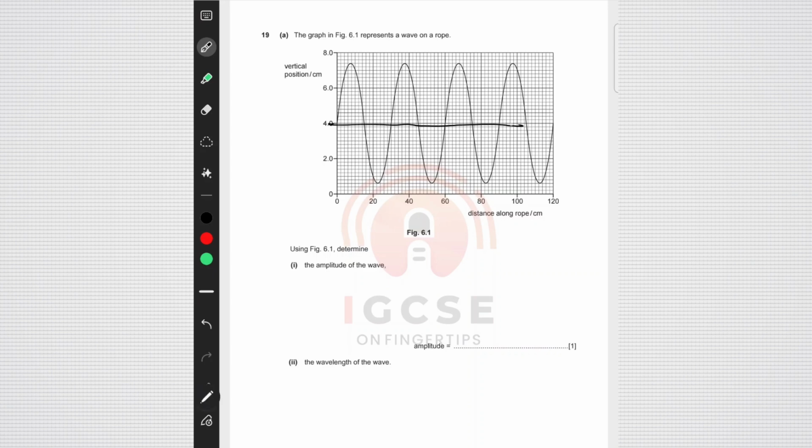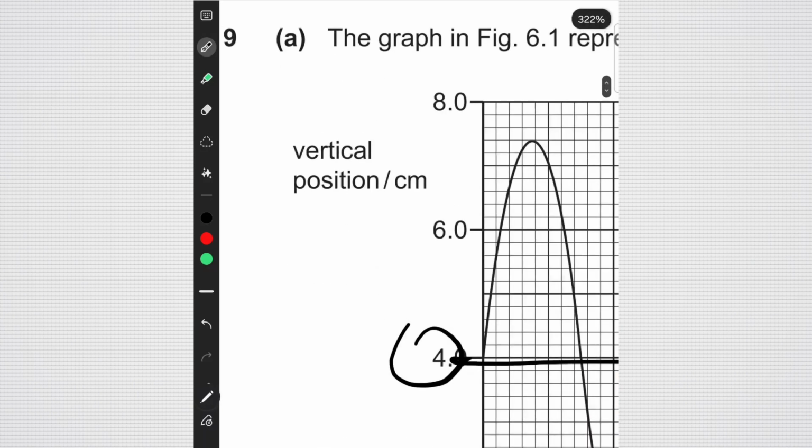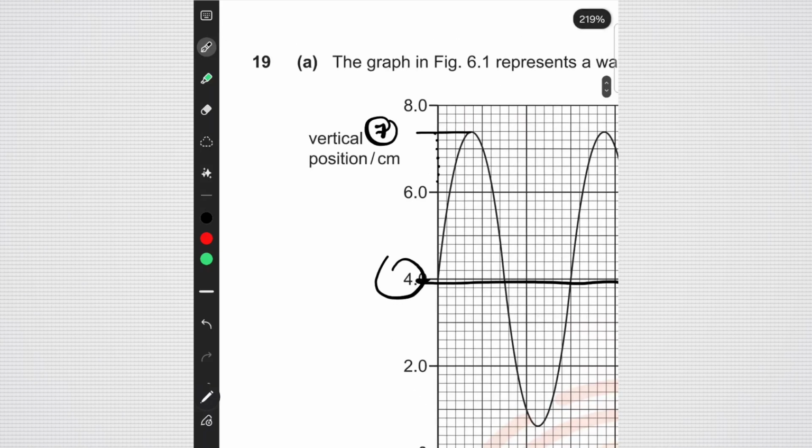So to find the amplitude, first find the mean position. This goes from 0 and goes to this point. Let's find out how much it is. 1, 2, 3, 4, 5, 5th, 6th and 7th division it is, right? And each should be 7 into 0.2, so 1.4.